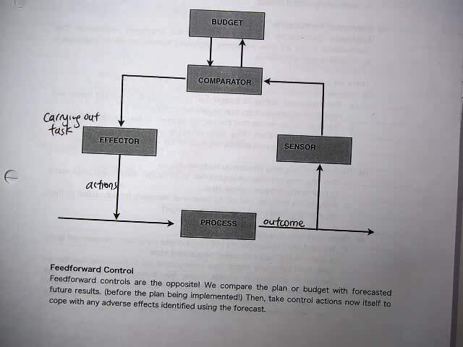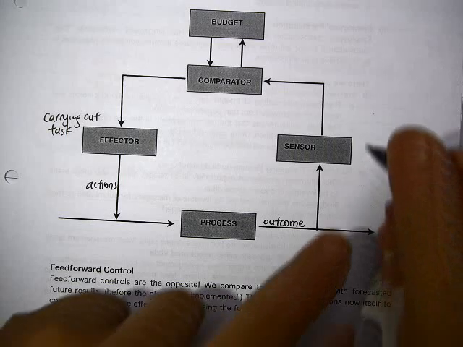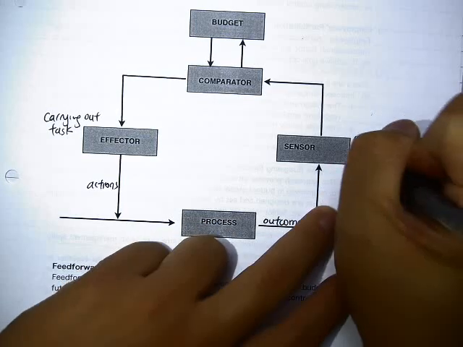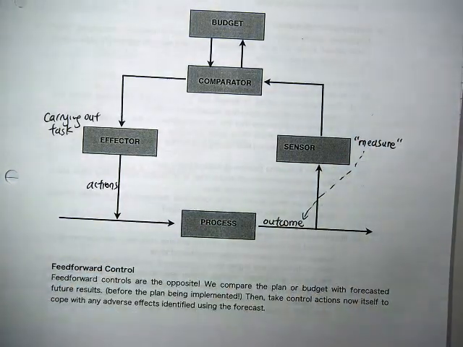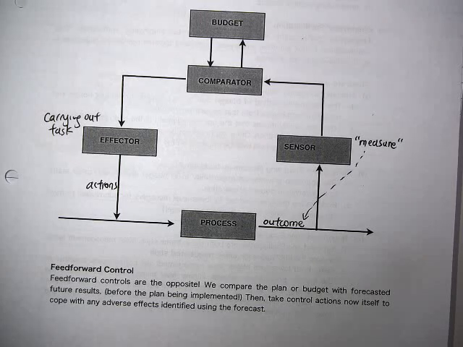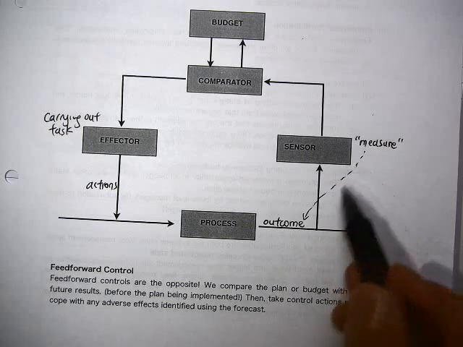So when the actual results are derived, we need to know what happened. That's why we need someone that will measure the outcome. Okay, you don't measure, you won't know, correct enough? That's why you must get someone to measure the outcome. It could be as simple as an accountant that records the cost. That's where you measure the outcome.